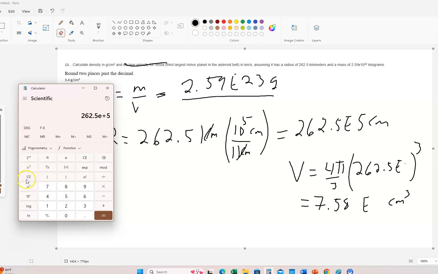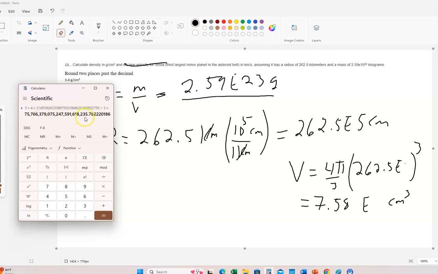Now I raise that to the third power. Hold on. Raised to the third power times 4 times pi divided by 3. All right, so this should be all right. So that should be the answer.